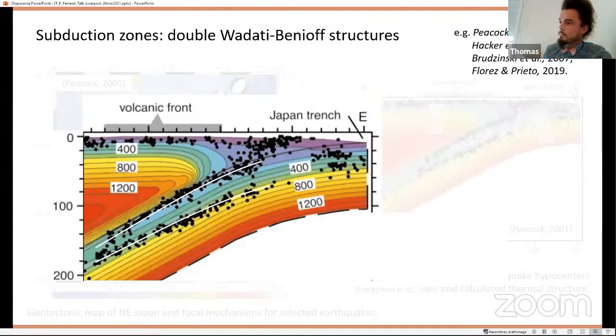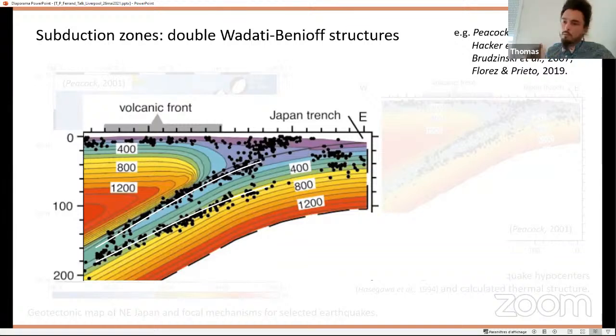As you can see, these two planes are separated by about 40 kilometers in Japan, but it can be 10 kilometers to about 40 kilometers, depending on the plate age. This was shown at first by Hasegawa in 1994.